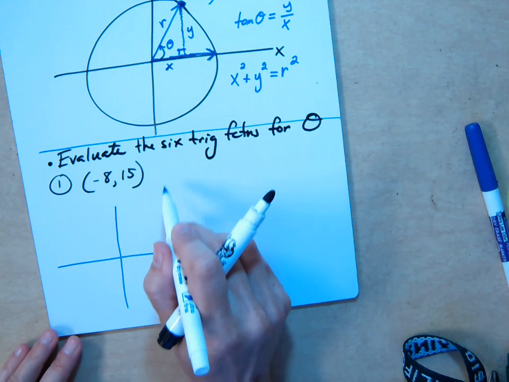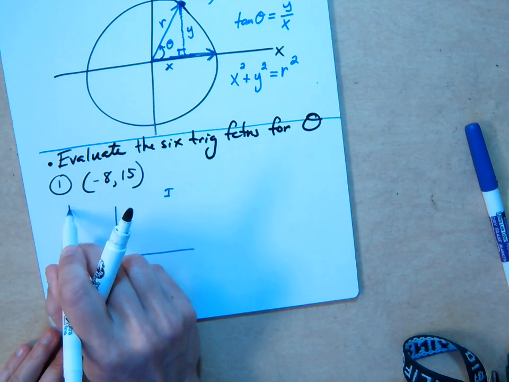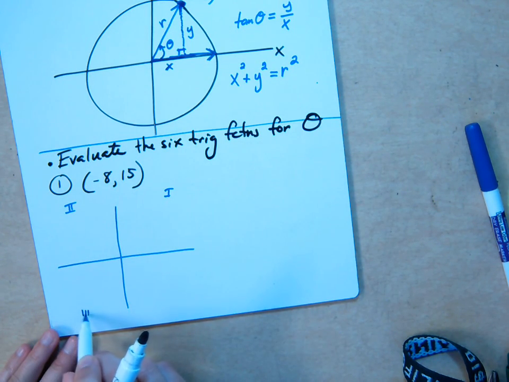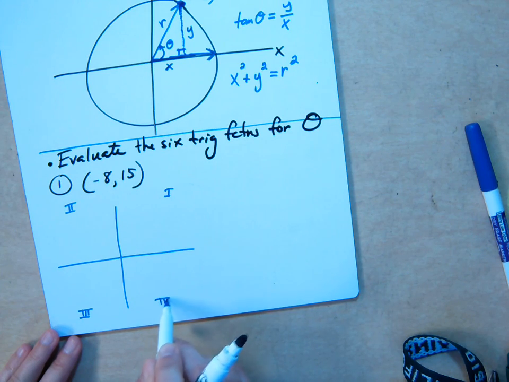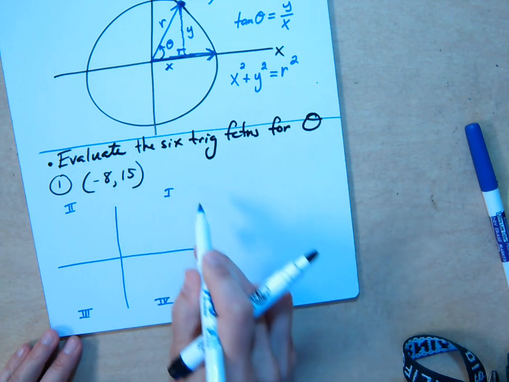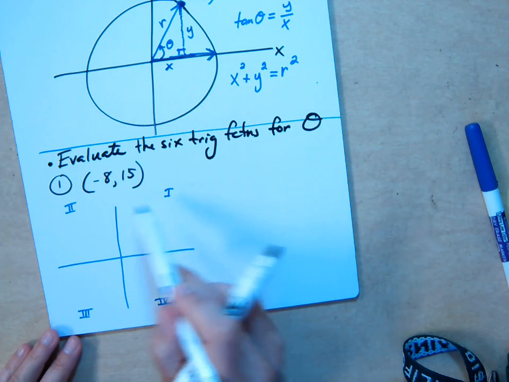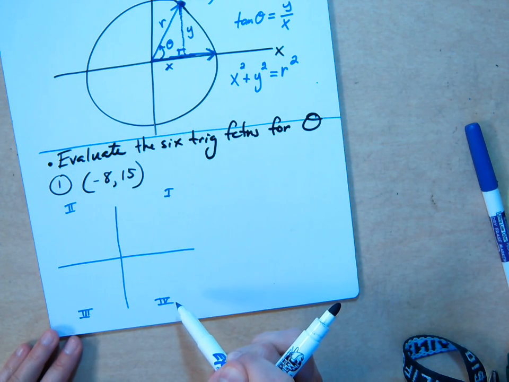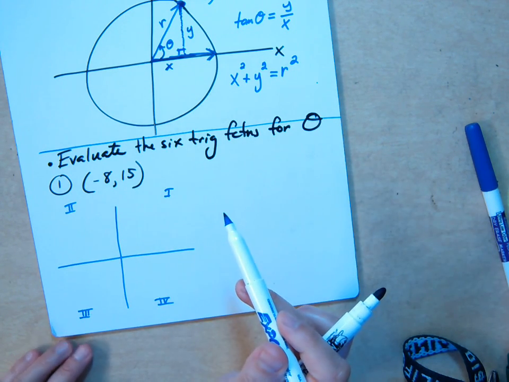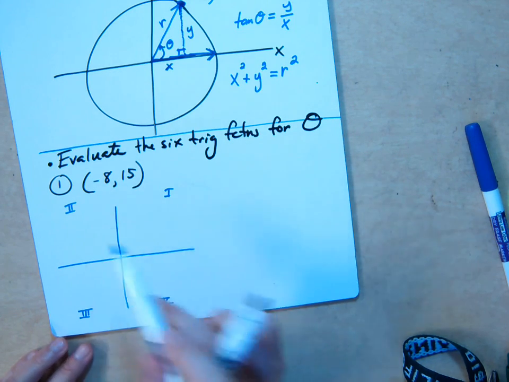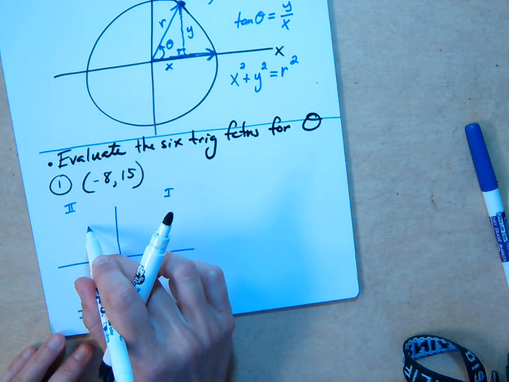What quadrant? Here are your quadrants, 1, 2, 3, and 4. It goes counterclockwise, just like when we rotate around. Which quadrant is -8, 15 in? It's quadrant 2. It doesn't have to be exact.